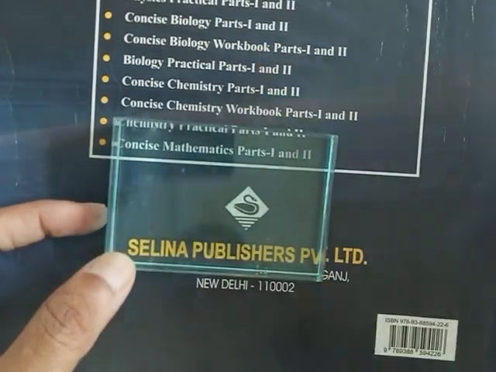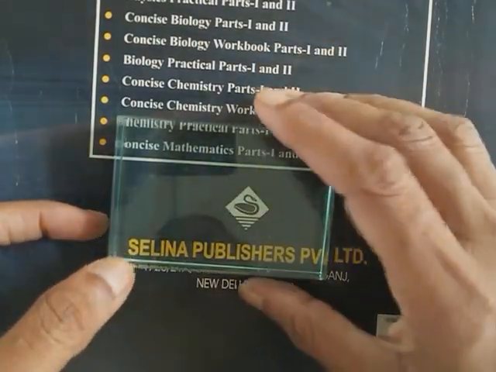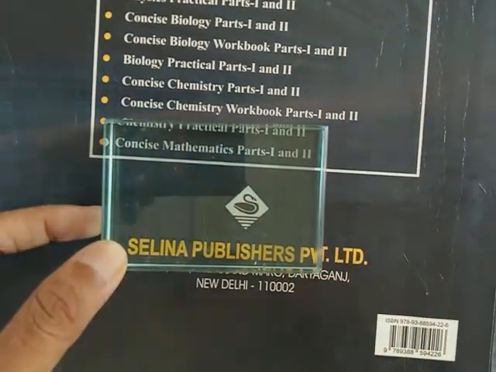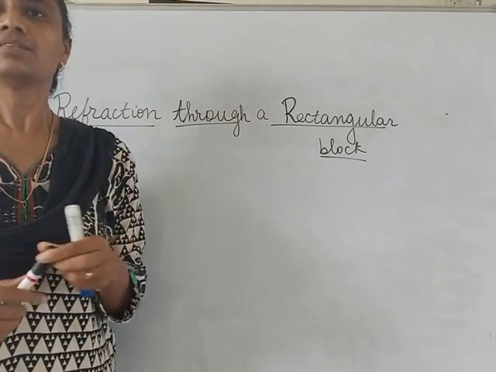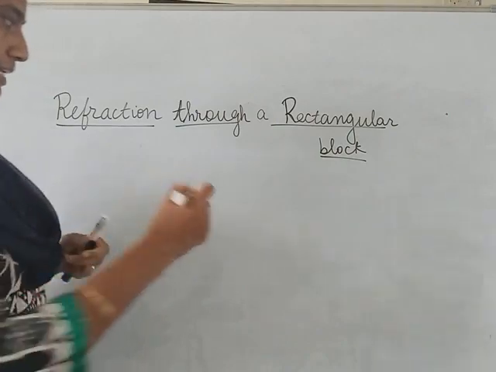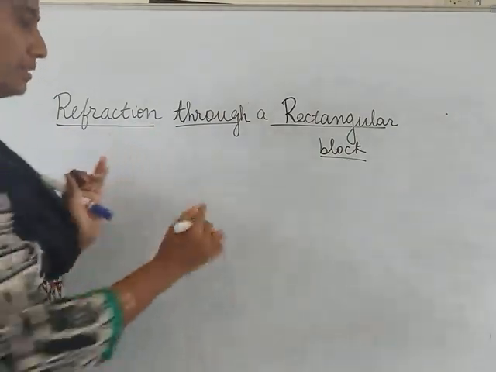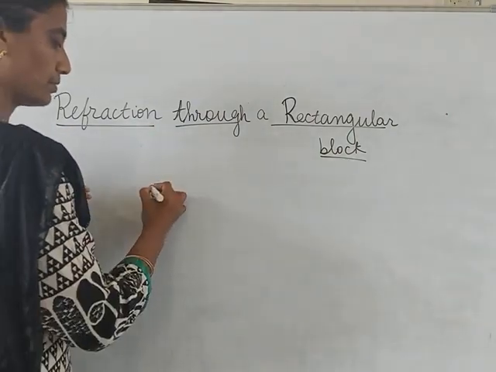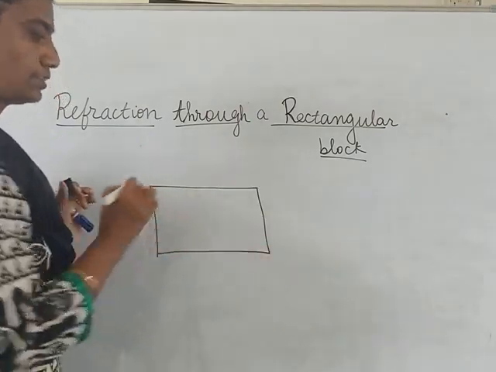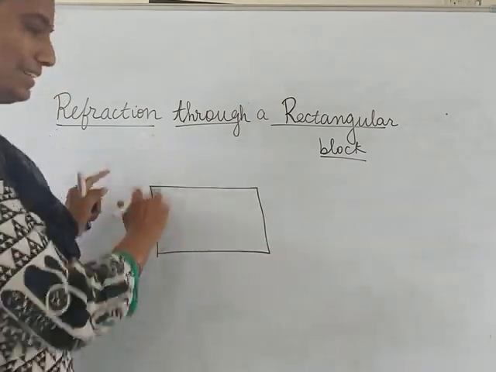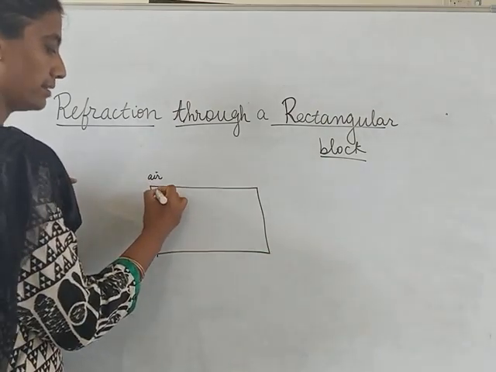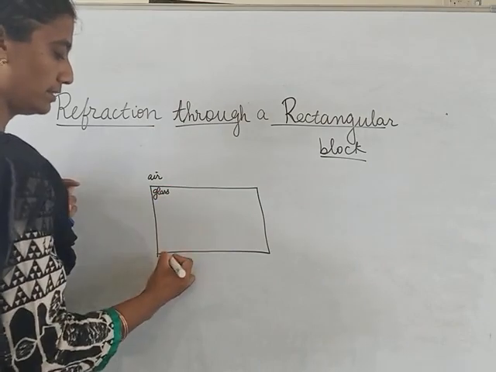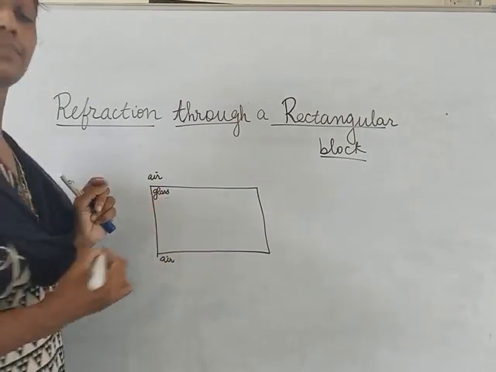Now we are going to see how the ray diagram will look when light passes through a rectangular glass block. Basically it's a ray diagram. We show the rectangular glass block by a simple rectangle, and you can write here air, here glass, and here air.